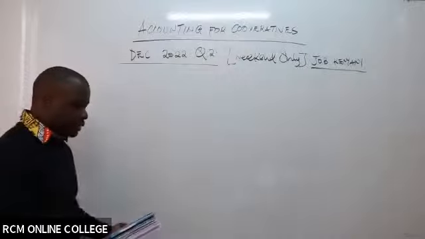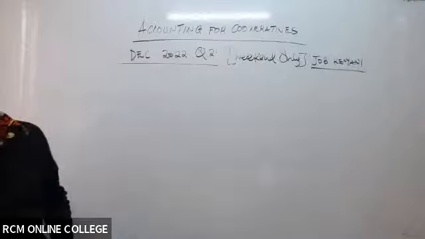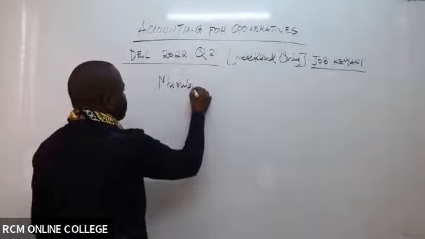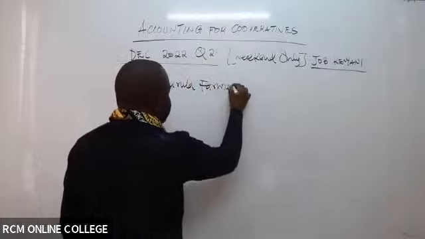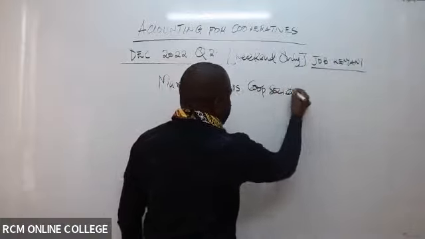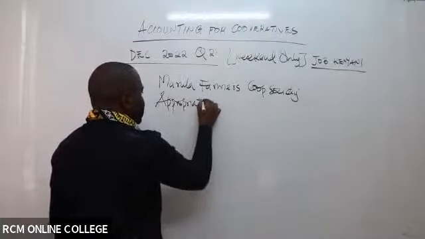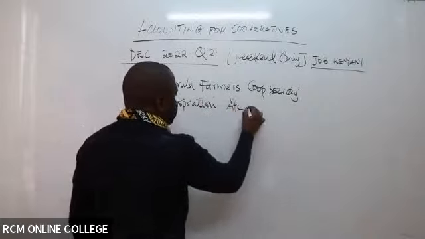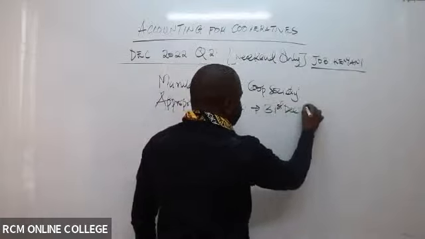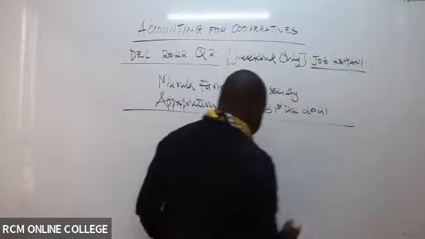So in this case, the appropriation account: Marula Farmers Coop Society, appropriation account, for the year ended 31st of December 2021.